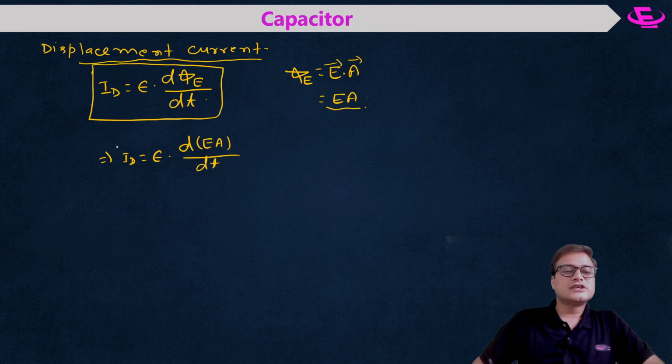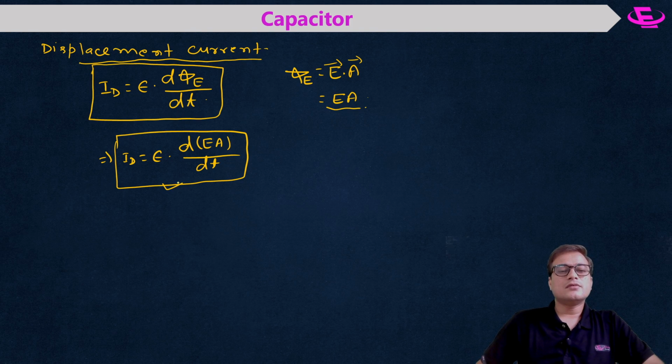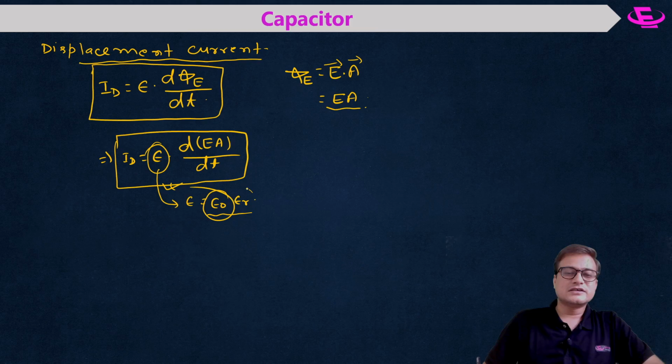So now if you are changing the dielectric medium, the current will change, because this epsilon is written as epsilon naught into epsilon r, permittivity. This is permittivity of vacuum, and this is the relative permittivity.